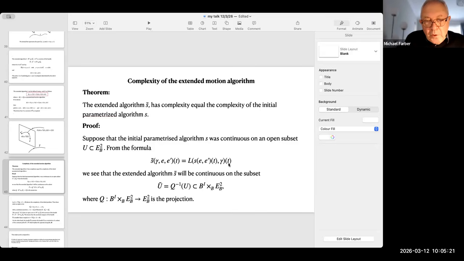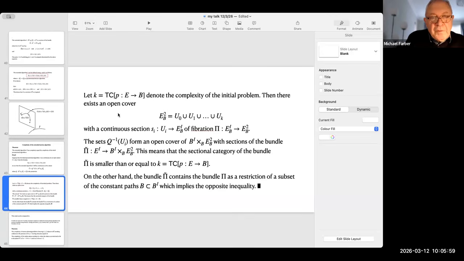So if we look at this formula, we see that if U is, let's say, an open subset in E to B such that S is continuous on this open set, then the formula will be continuous on the pre-image. So it will be continuous on U tilde, which is the pre-image of this open set under this projection.